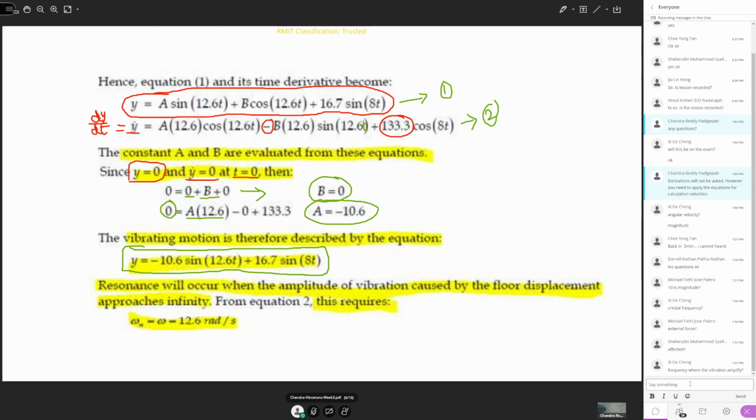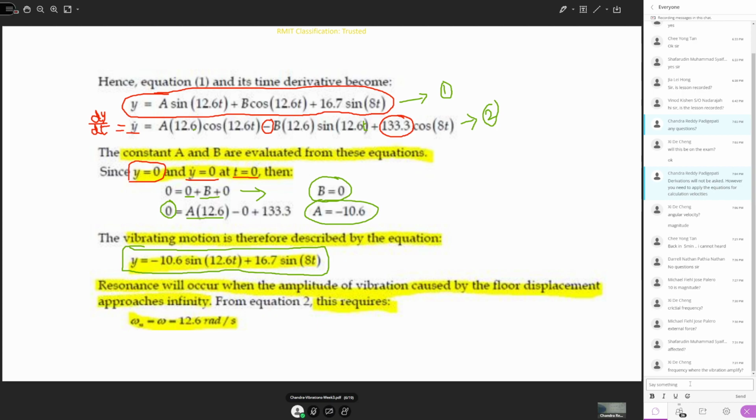So now you can write the complete response of the system like this. Here we know everything, all the values are known. As time varies, the oscillation or the displacement of the system also varies. So y is a function of time t. This is the response of the system. The next part is you need to calculate when resonance will occur.